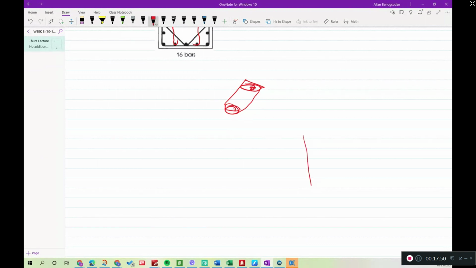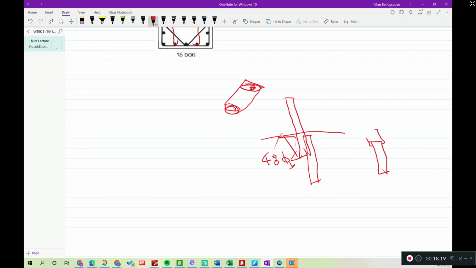So say for example, if this is your column, this is your bar at the first floor, and you want to splice this one. Instead of doing the one that is at least 48 bar diameter, we instead do this one and insert that part here, and that's why we call it mechanical coupler.